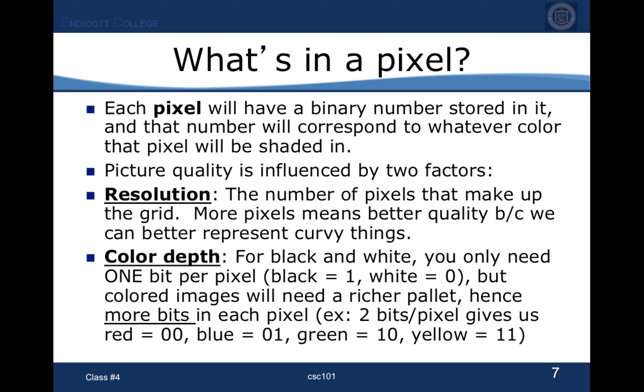If you're forced to make a painting in just black and white, not that there isn't something nice about that, you're not going to be able to capture all of the color differences that our eyes see. So color depth refers to how many colors you can recognize if you're talking about a digital camera or your phone taking a picture.